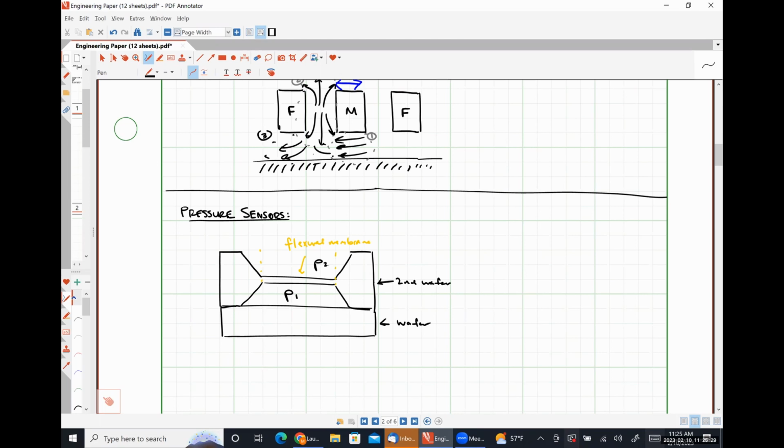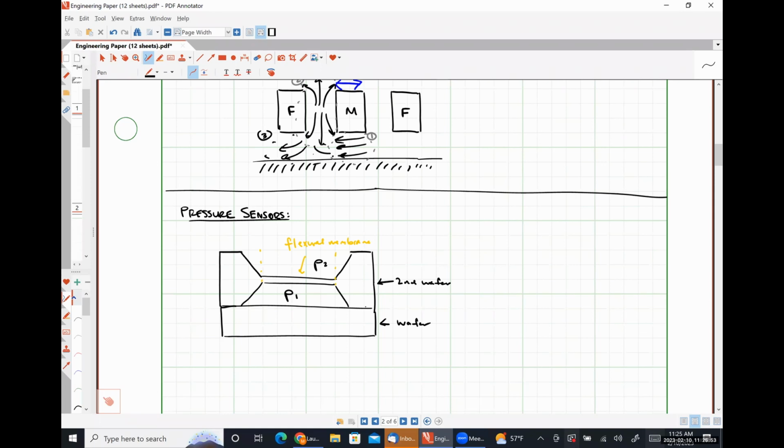It could be using a capacitive system where there's a very thin insulator here, so that effectively the distance between the diaphragm and the substrate changes, which results in a change in capacitance and therefore a change in our output voltage for our measurement circuit. So those are the two principal ways that pressure sensors are realized.